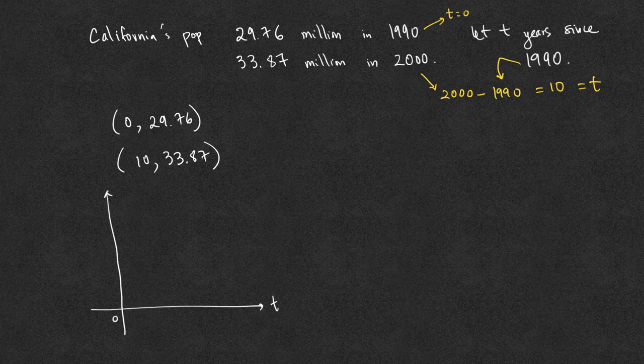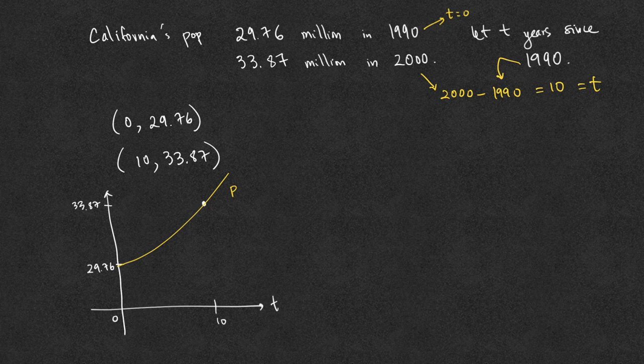We might be given the information in the form of a graph as well. When time is 0, the population is 29.76, and when time is 10, the population, not drawn to scale here, is 33.87. So we might be given 2 points with an exponential model, and we're looking for the equation that will tell us the population at any time.